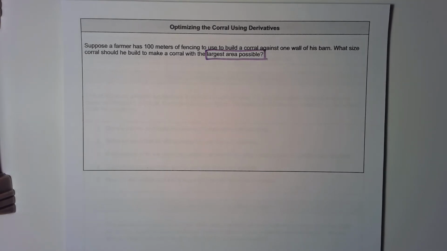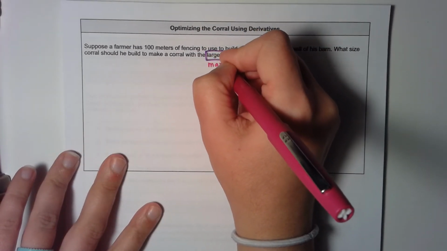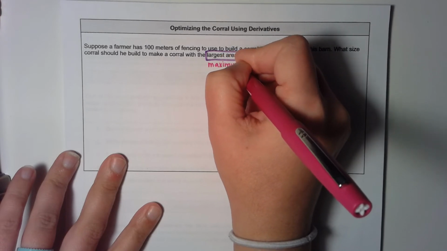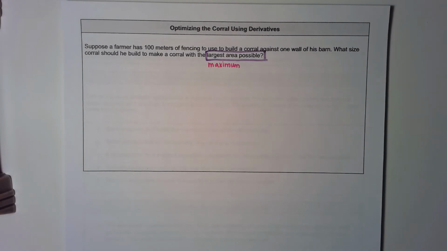Well, this is where using a derivative or optimization is really helpful. If we can write an equation for area and we find the maximum value because we want the largest, then we're going to know for sure mathematically that's the biggest corral we can build.